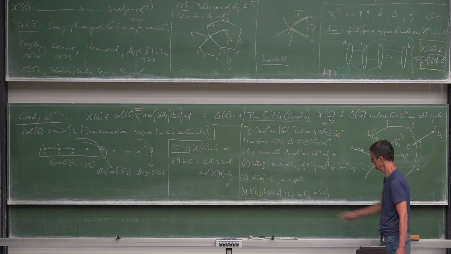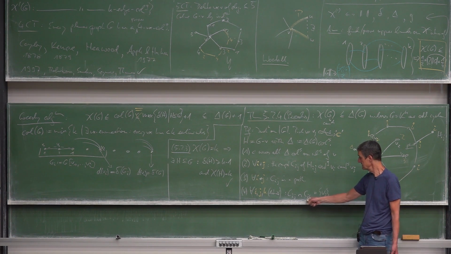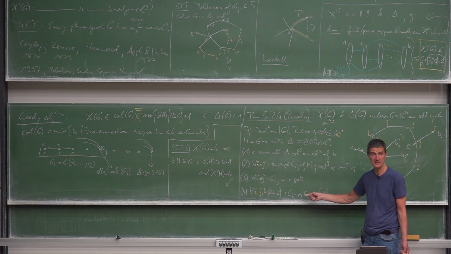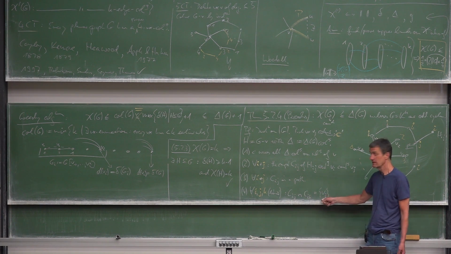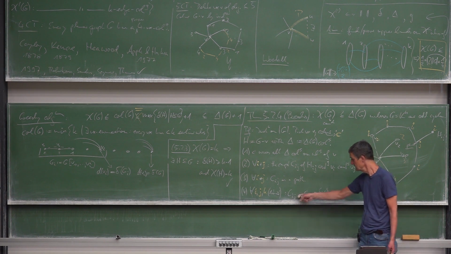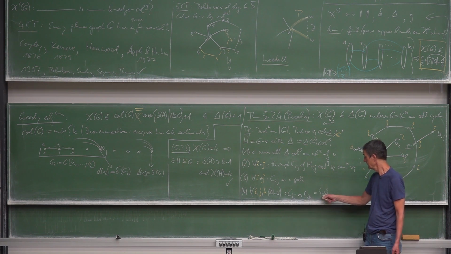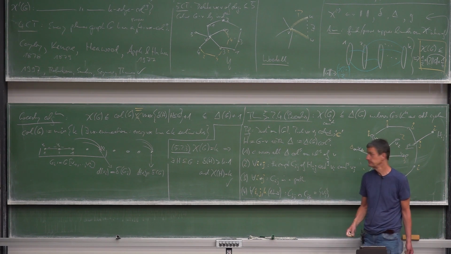So the vertices of Cij, which is a path from Vi to Vj, are all colored i and j. This is a path from Vi to Vk. All these vertices are colored i and k. So potentially they have an intersection anywhere where they have an i vertex. And the claim is they only meet at Vi. Well, they must meet at Vi because they're both paths from Vi to some other Vj and Vk. And the claim is that's the only intersection.